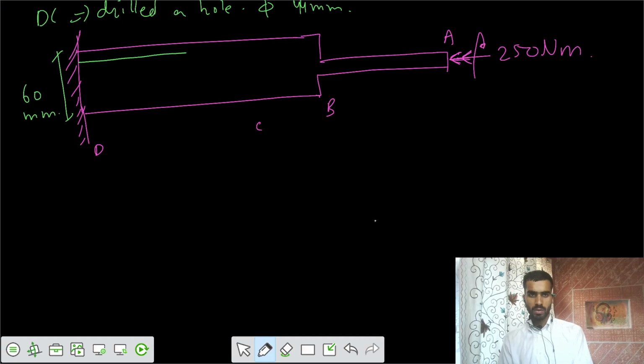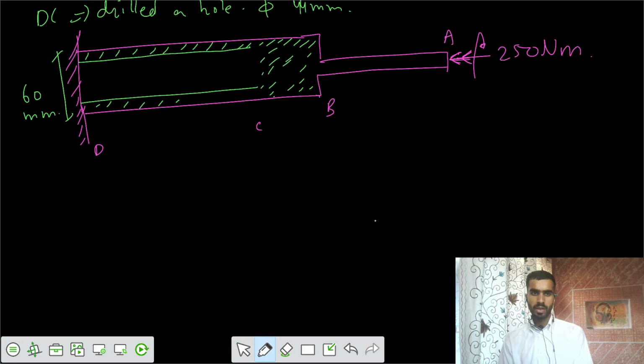So in some such fashion, the material that remains is this part only, and this is the hole that you have drilled.